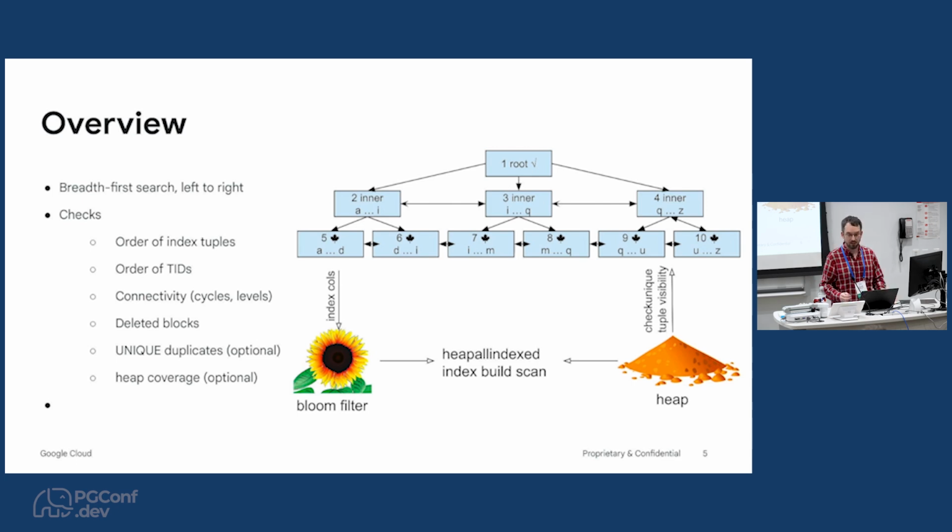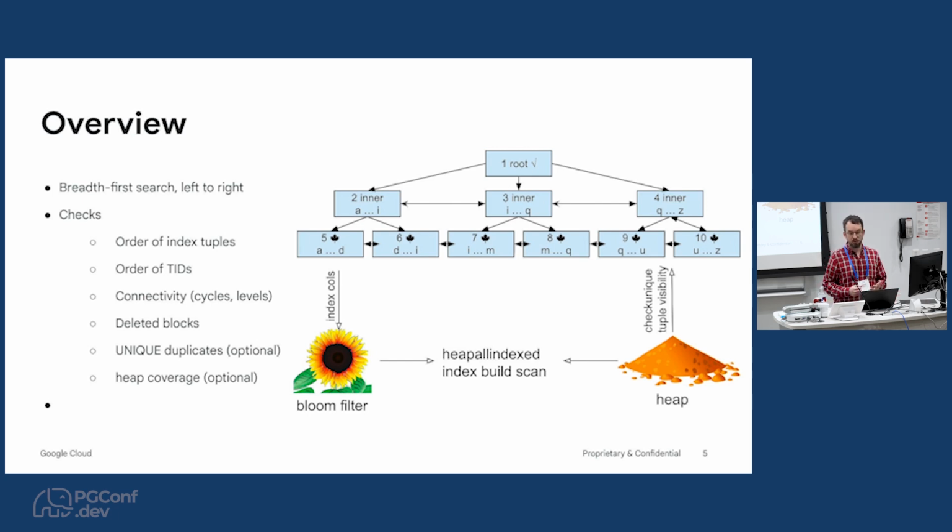There's one leaf level. That's where the index entries actually point to heap tuple identifiers. Then there are 0 or more non-leaf levels. In those, instead of pointing directly to the heap, they point to some page in the index one level closer to the leaf. That's the general structure there.